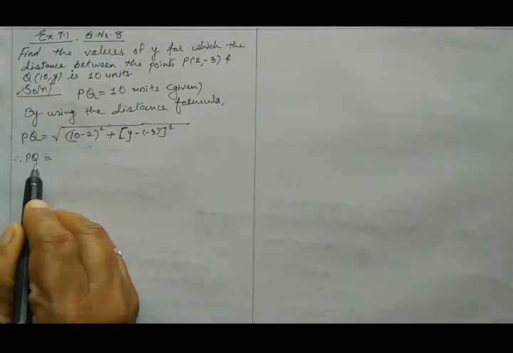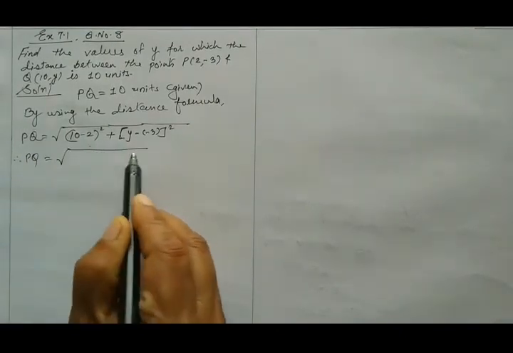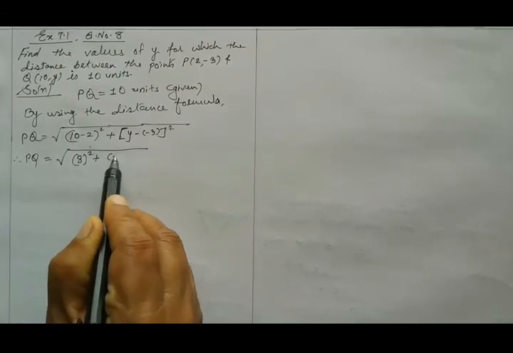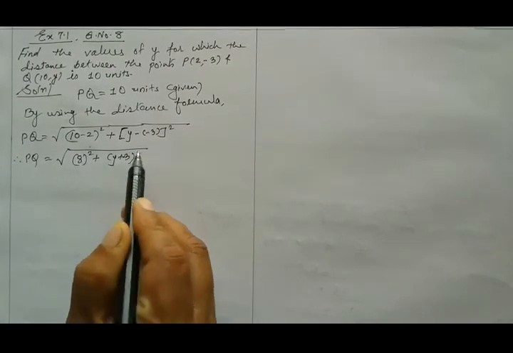So PQ is equal to under root 8 square plus y plus 3 whole square.